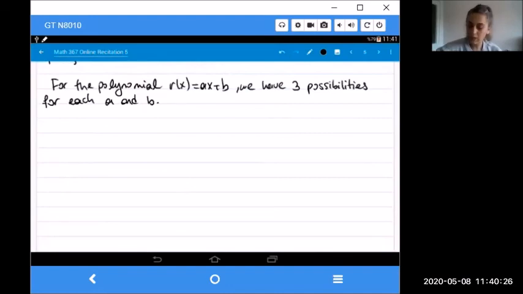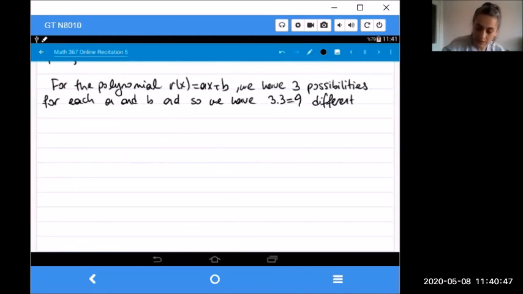And so we have 3 times 3, 9, 3 to the power 2 different coset representatives.